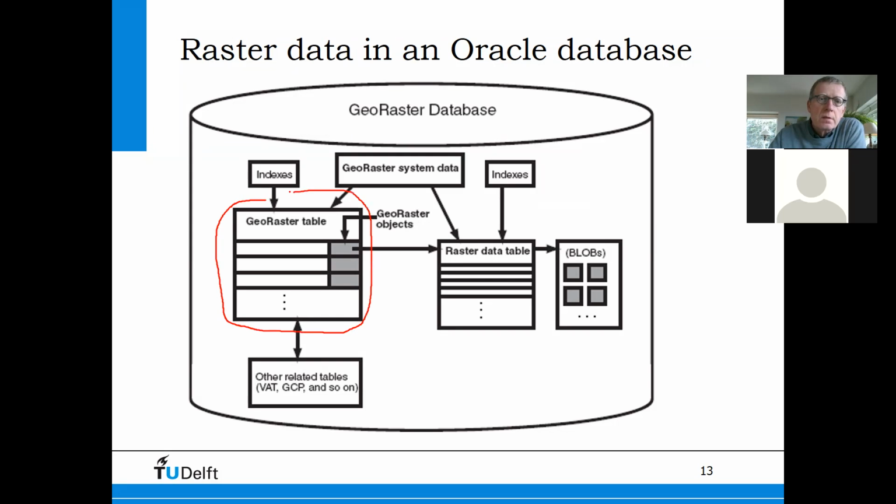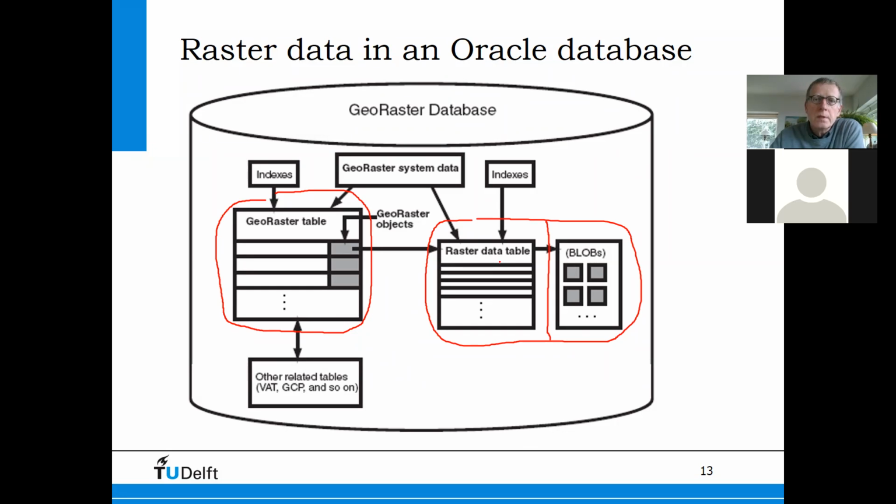The first one is the metadata, and the second one is the actual raster data. There are 2 tables, the metadata table and the raster data table.